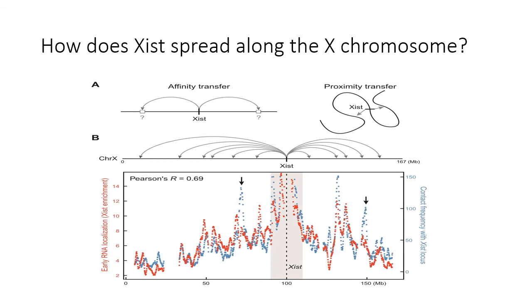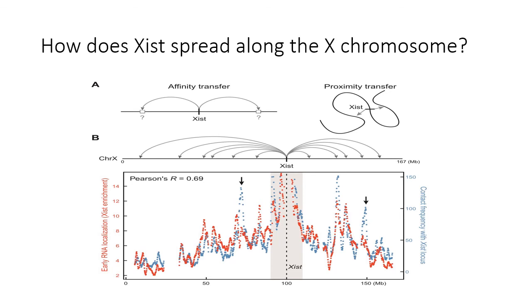So this is kind of a hard slide to look at, but the little red dots represent early locations of Xist RNA DNA interaction. So what this is telling us is that the Xist RNA is delivered to fairly distant sites fairly early in the activation process. Of course, a lot of it is at the Xist locus itself, which is as expected. But nonetheless, there are very distant sites which have already got Xist on them even after a short amount of time.